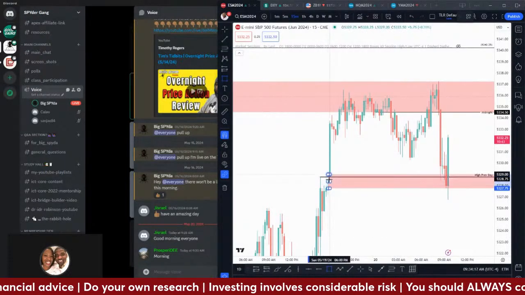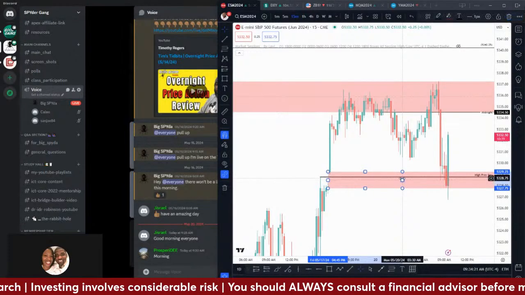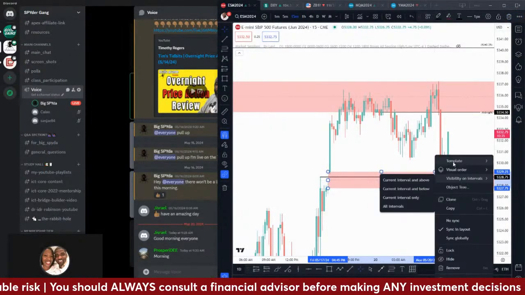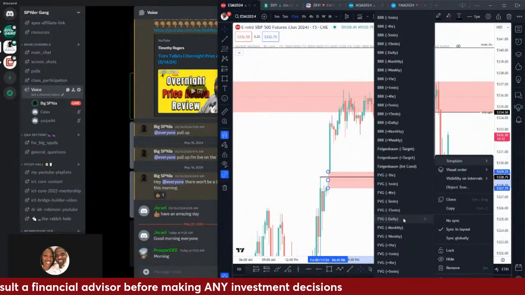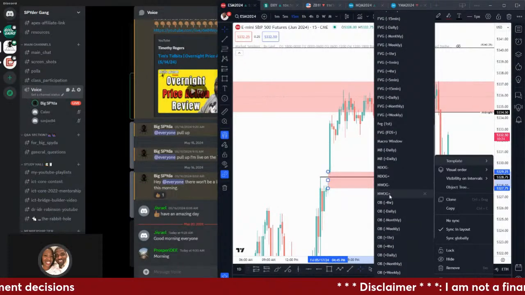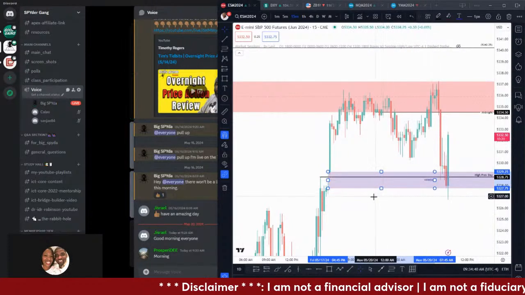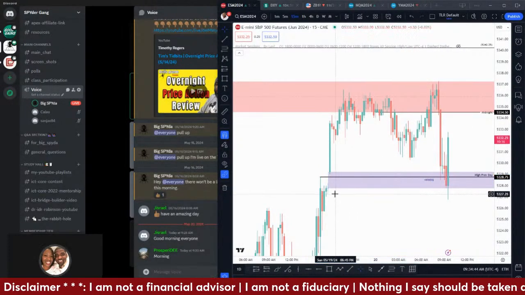I see that we've traded back down to the new week opening gap. For those that don't know, the new week opening gap is an ICT concept which basically draws attention to the gap between Friday's close and Monday's open.